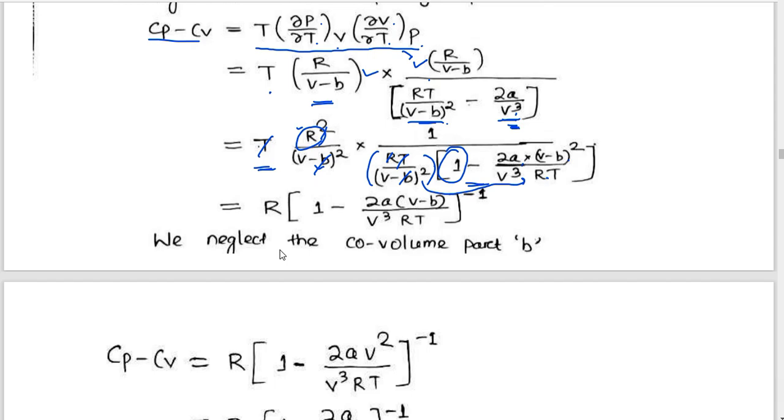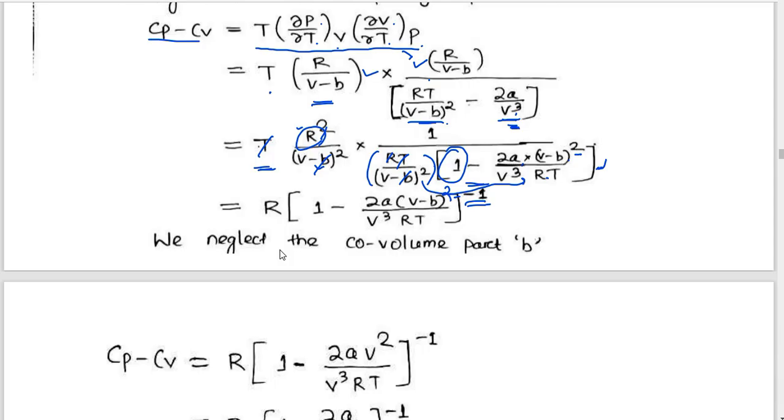Okay, क्या हमको करना है? This is R into 1 minus 2a, V minus b whole square, divided by V cube R T. This is whole to the power minus 1 because the above part there is, this is 1 by something, so this part we can write to the power minus 1. इसमें स्क्वायर है, V minus b square, इसमें V minus b square.